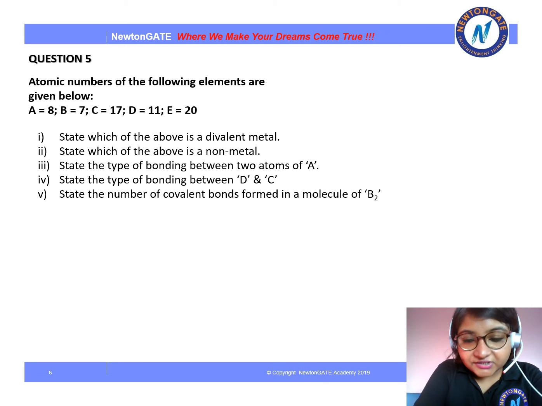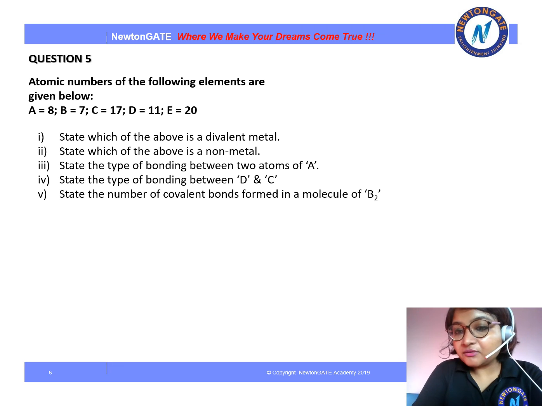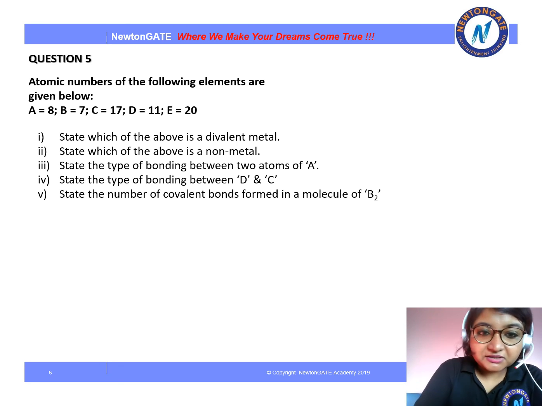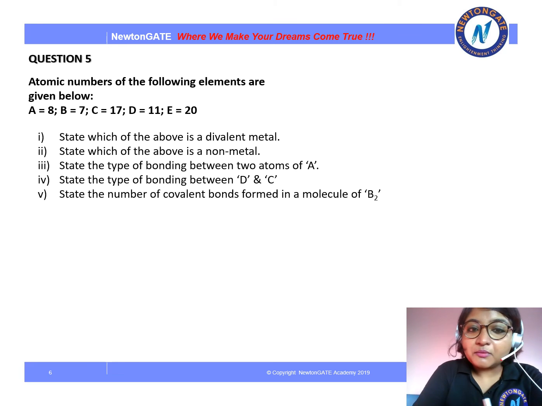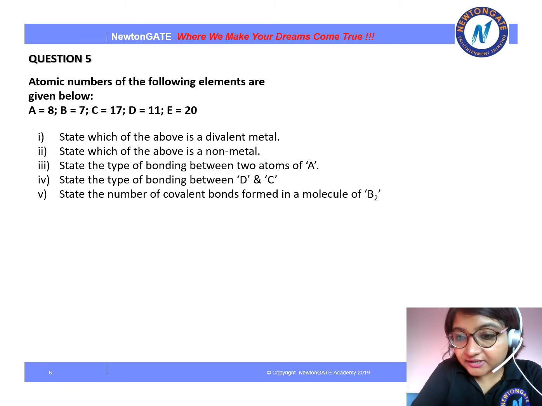Here in this question, the atomic numbers of these elements are given to you. So to answer the given questions, which one is a divalent metal, which one is a non-metal, what kind of bonding they will form, and all these questions, you must do the electronic configuration, because the answer lies in the electronic configuration.